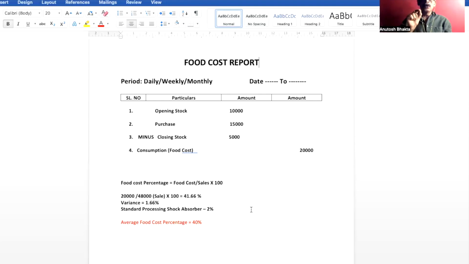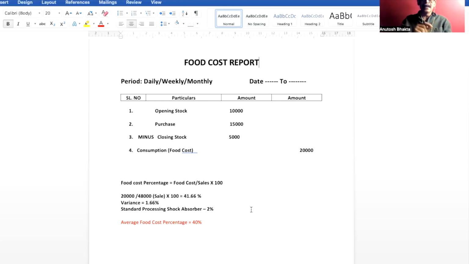It is 1,000 rupees, right? So this 1,000 rupees you can probably absorb. But when your restaurant is a large restaurant where sales are 5 lakh rupees or 50 lakh rupees, there 2% will be 10,000 rupees or 1 lakh rupees. So though it is 2%, the amount will be huge.